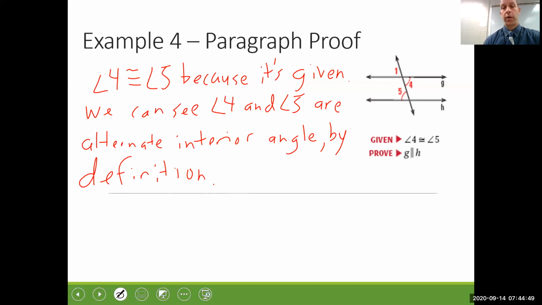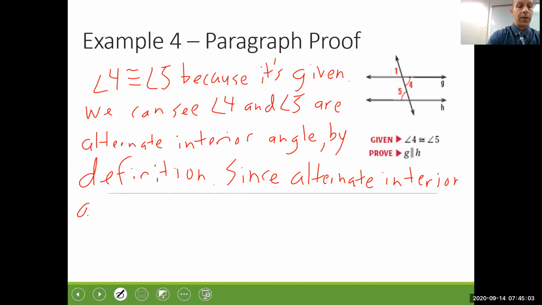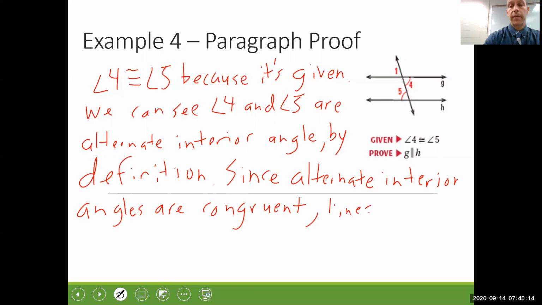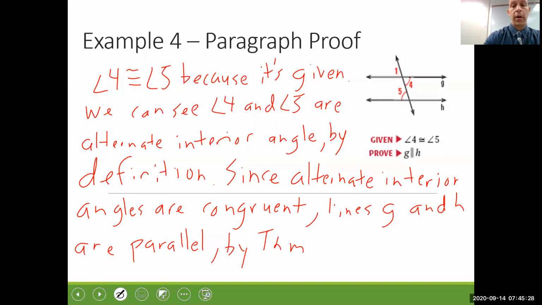Now I'm going to jump to my conclusion. Since alternate interior angles are congruent, lines G and H are parallel, comma, by theorem 3.5.